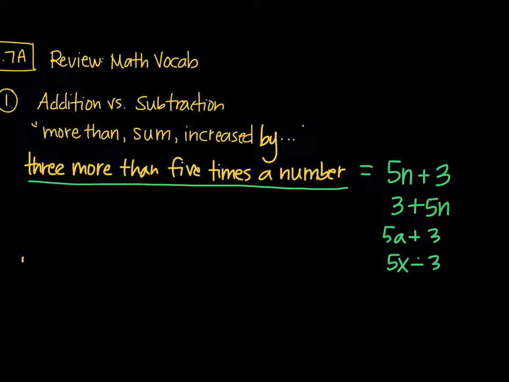All right, other words that you need to be familiar with is the difference between less than versus less. Now, both have something to do with subtraction, but they have different orders. And so you have to be sensitive to what the order is and how it would be written differently.